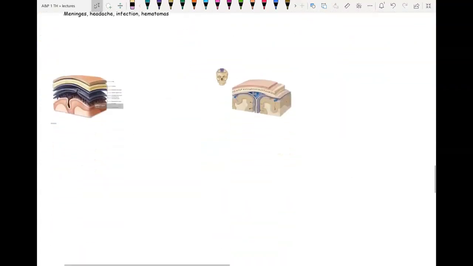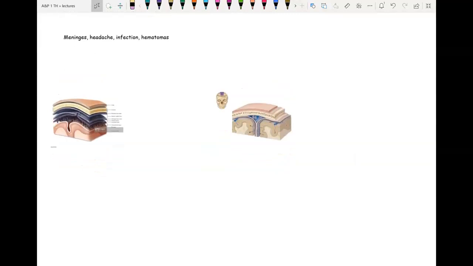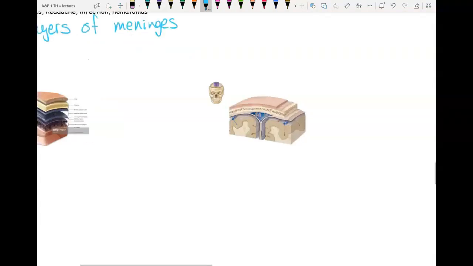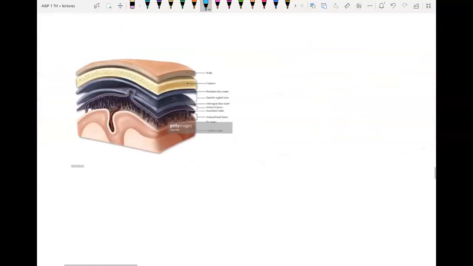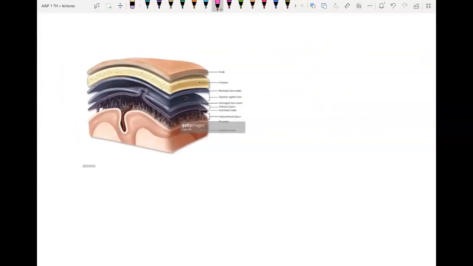Now if we go on and look at the meninges. The meninges has 3 layers. I have 2 different pictures here because each picture is slightly different. So we're going to label both pictures and look at these 3 layers. We're going to start off with the inner layer, which is the pia mater.